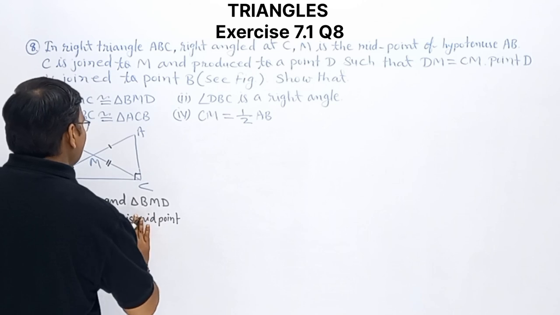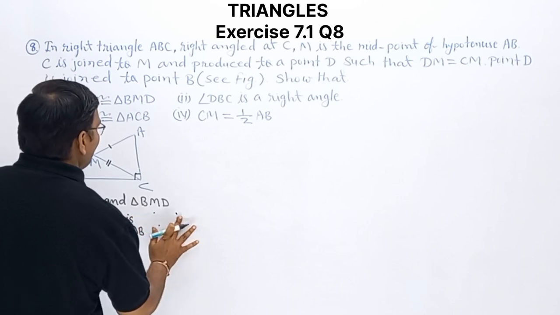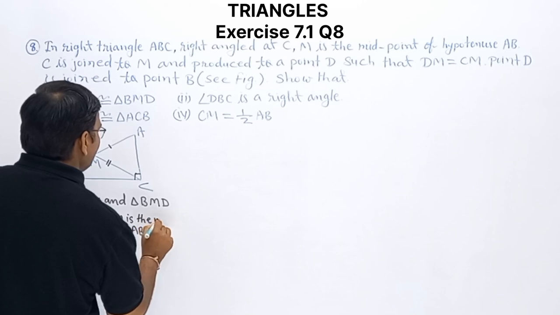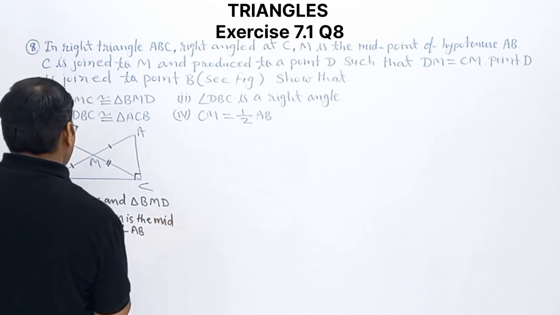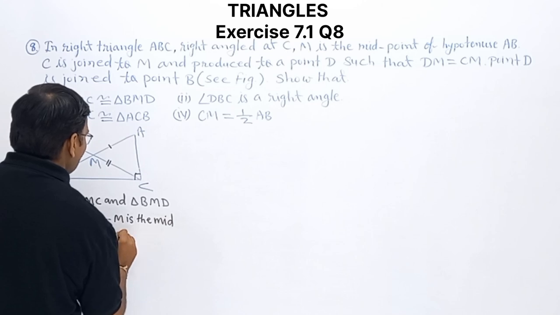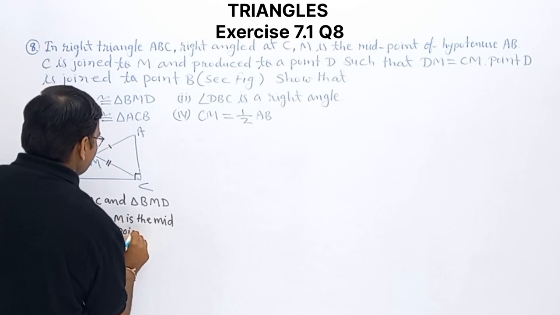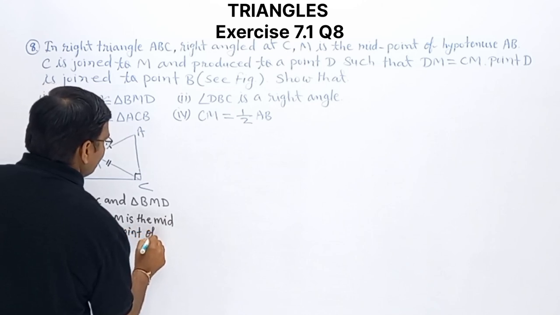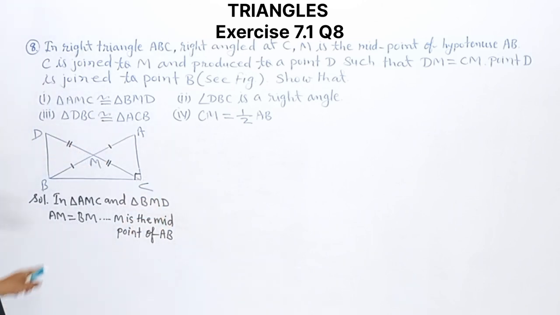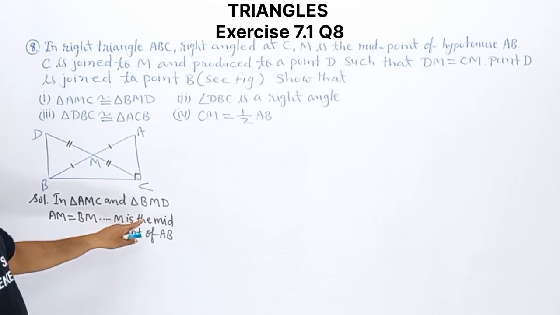So AM equals BM. Why? In the question we have M is the midpoint of AB.